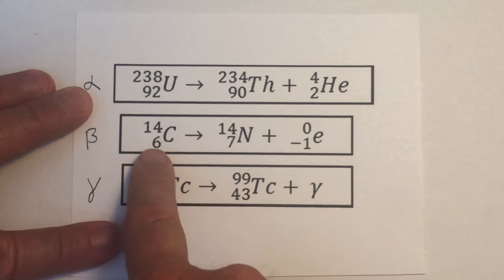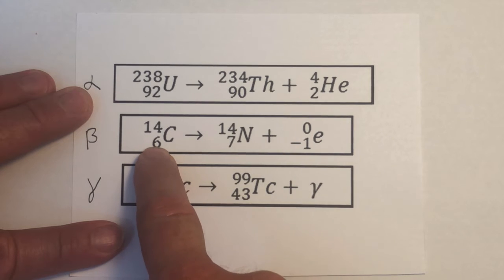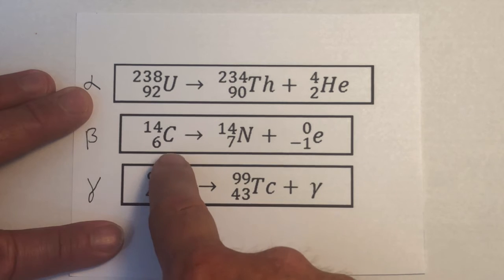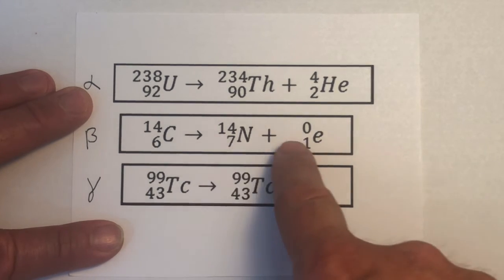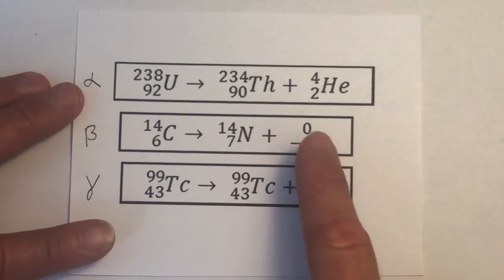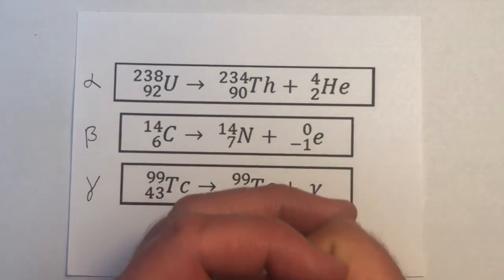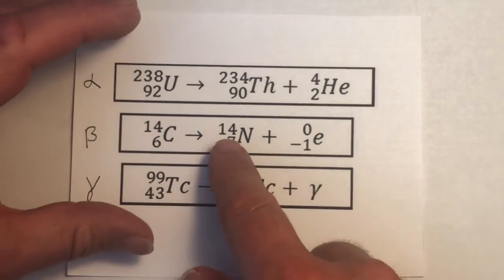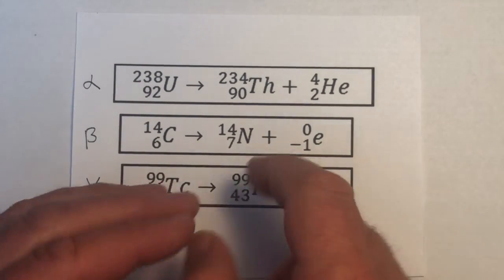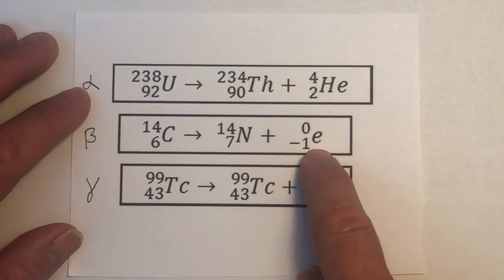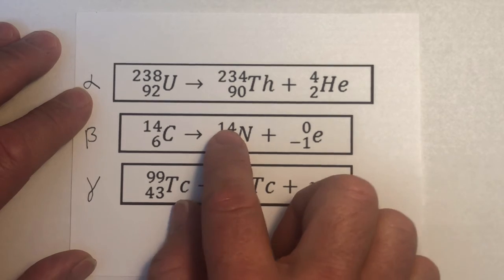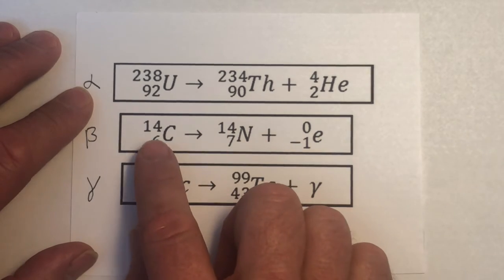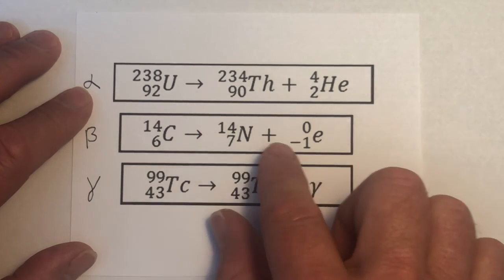Basically, when this decays, one of the particles in there breaks up into 2: a proton, which makes that number go up, and an electron. And again, the numbers at the top stay the same. 14, because there's a 0 there. 6 is the same as 6 take away 1.